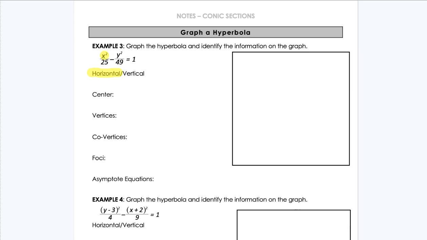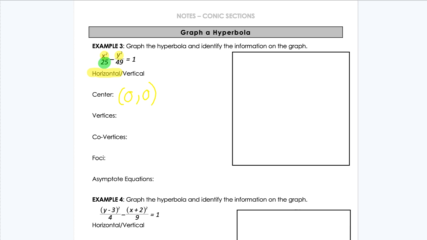Based on that equation, since there is nothing attached to the x and the y, that tells me my center is at 0, 0. And then using my a and b, which we figured out in this equation, 25, I'm going to use that to help me here.